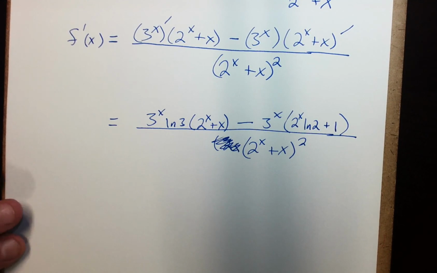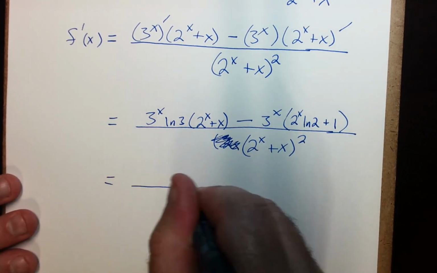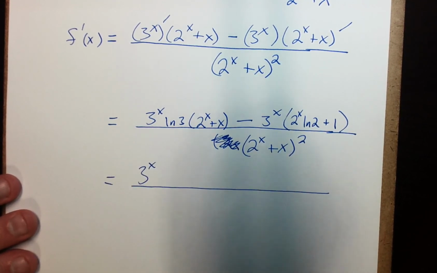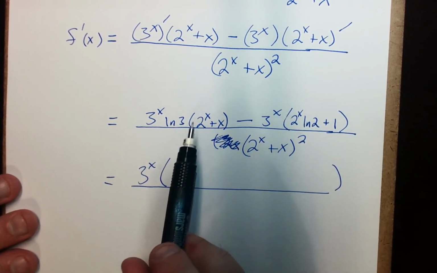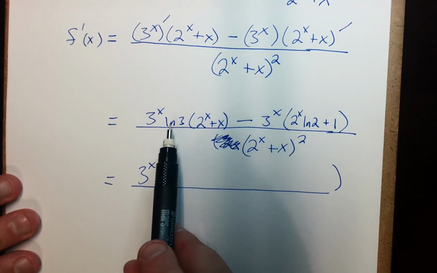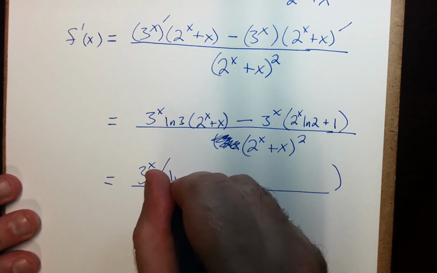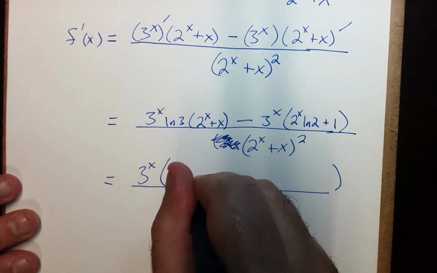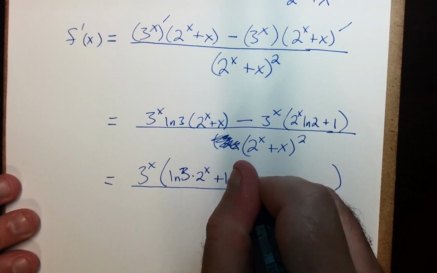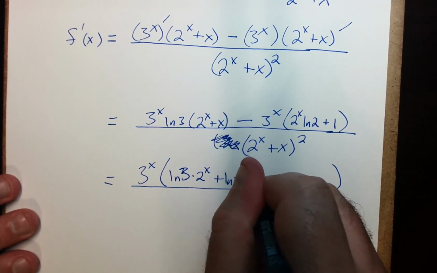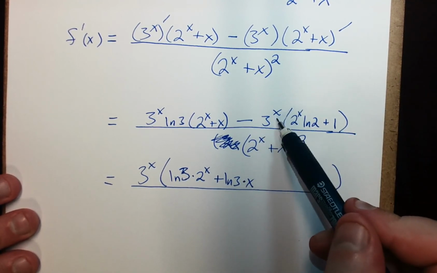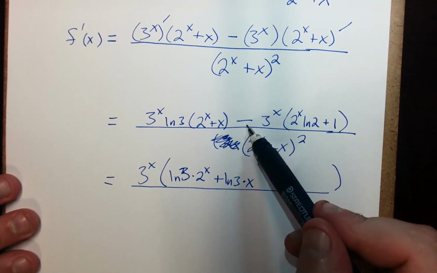Now there's not a lot you can do here to simplify this, I don't think. What you can do is everything up here has a 3 to the x, so maybe you want to factor out a 3 to the x. Then maybe you could distribute this ln 3 through here: ln 3 times 2 to the x, ln 3 times x.